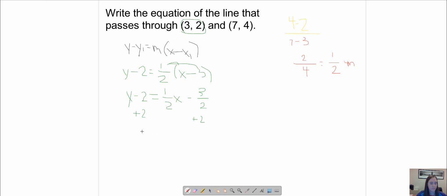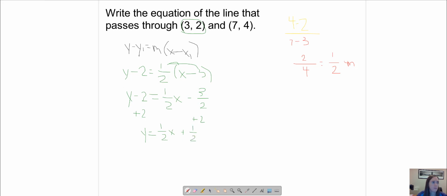So this would be y equals 1/2 x, and then you just have to simplify. You can either use a calculator for -3/2 plus 2, or think of it as -1.5 plus 2, whichever way helps you get the answer, which equals plus 1/2.